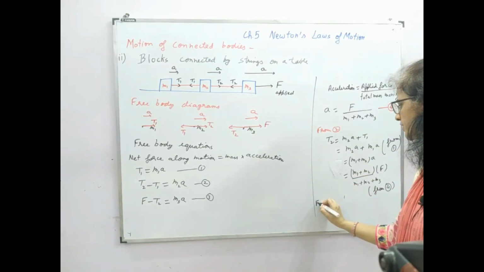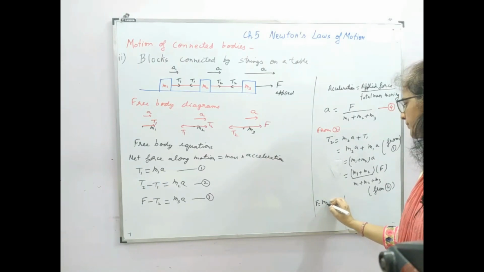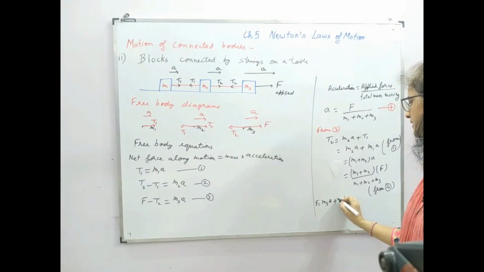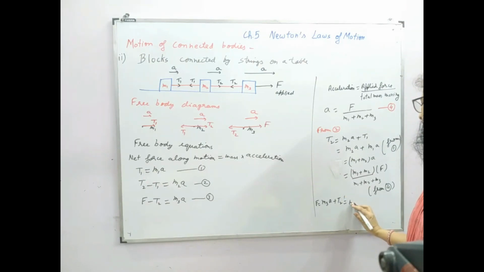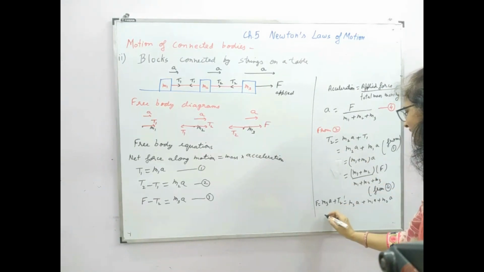Interesting. Similarly, you can find this force also. So this force is equal to M3A plus T2. So this means M3A plus M1A plus M2A. It's already equal to force only. So from here you could have calculated this.